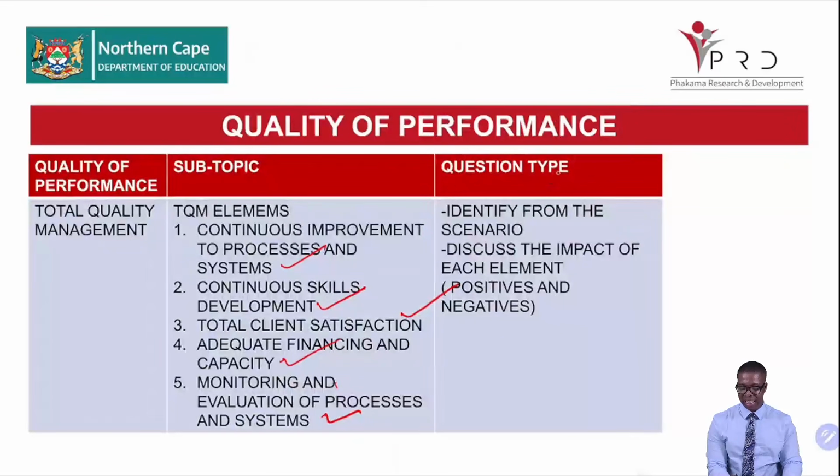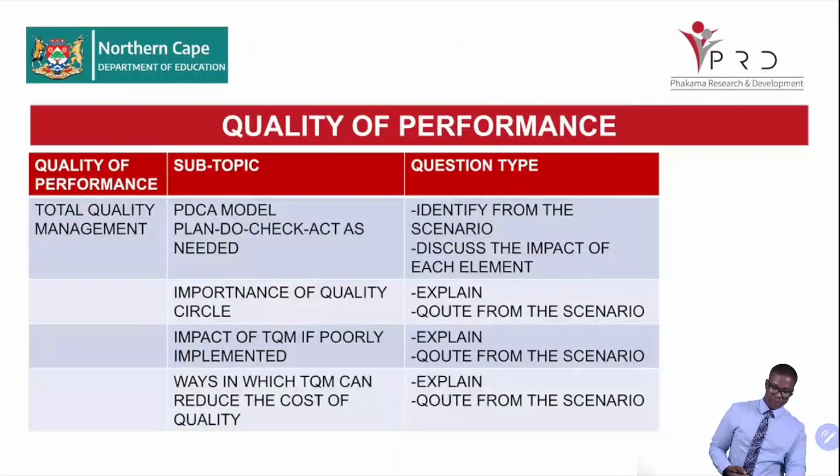The question type is identify. They might ask you to identify these elements from the scenario or discuss their impact, which are the positives and negatives. Then you also have the PDCA model, which is plan, do, check, and act as needed.